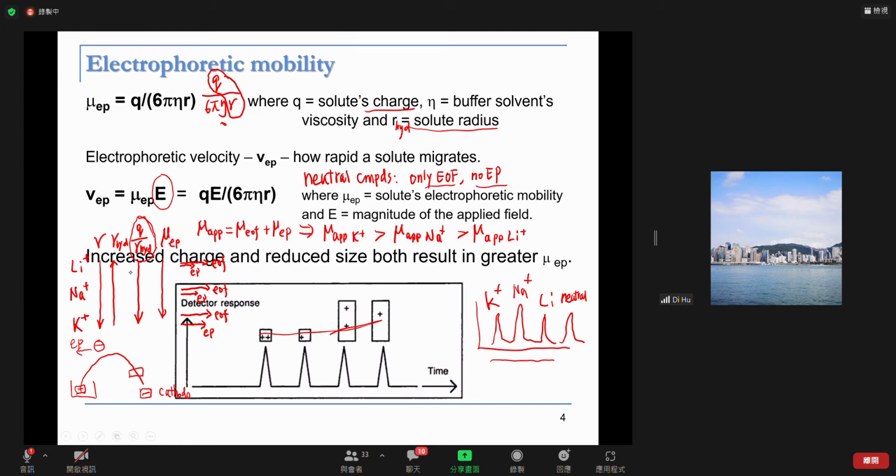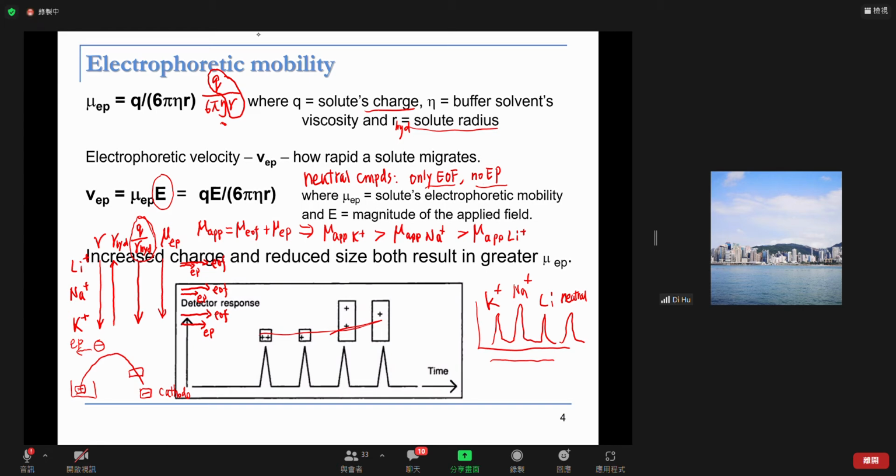Okay, so we see the hydrated potassium ion has larger charge density than the hydrated sodium ion and lithium. So that's why potassium has a stronger affinity to the column than sodium, than lithium.